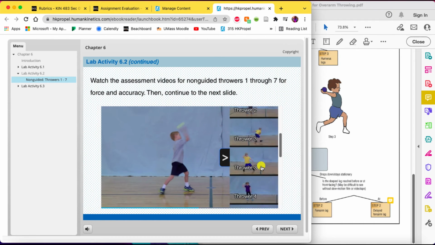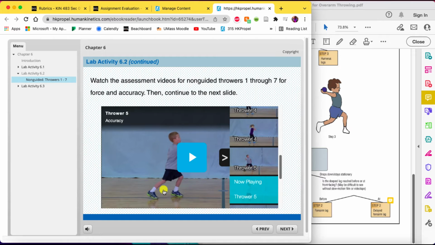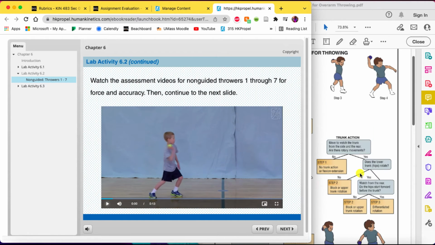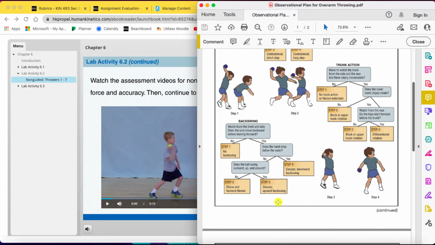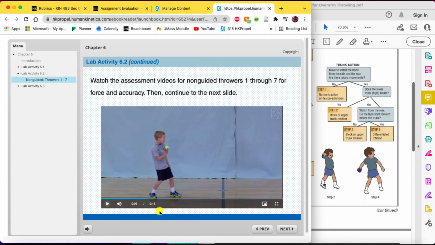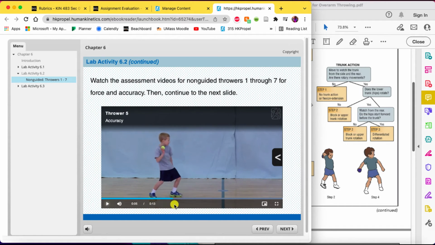So now we have that example under our belt, we can look at his accuracy throw. We'll start at the same spot, looking at backswing first. Does the arm move backward before it moves forward? We can drag this through. I would say for the most part, nope.